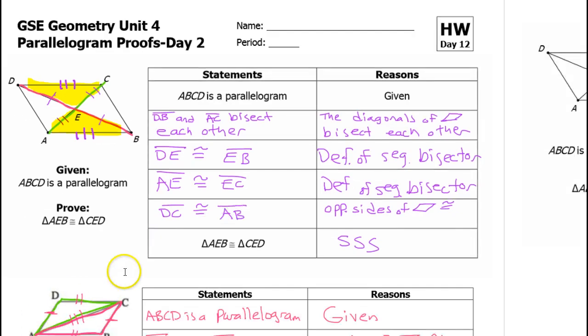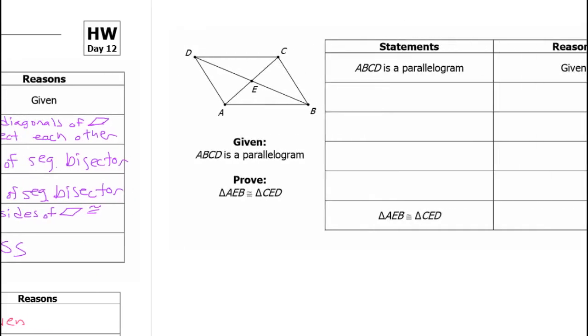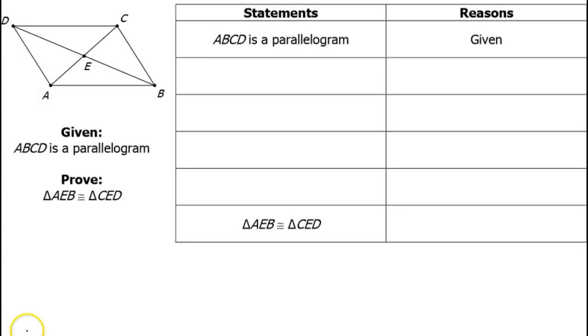All right, just for the sake of knowledge, I want to do that same proof over again using a completely different method. All right, this time I'm going to use more parallel lines. So I still want to prove that the same two triangles are congruent.